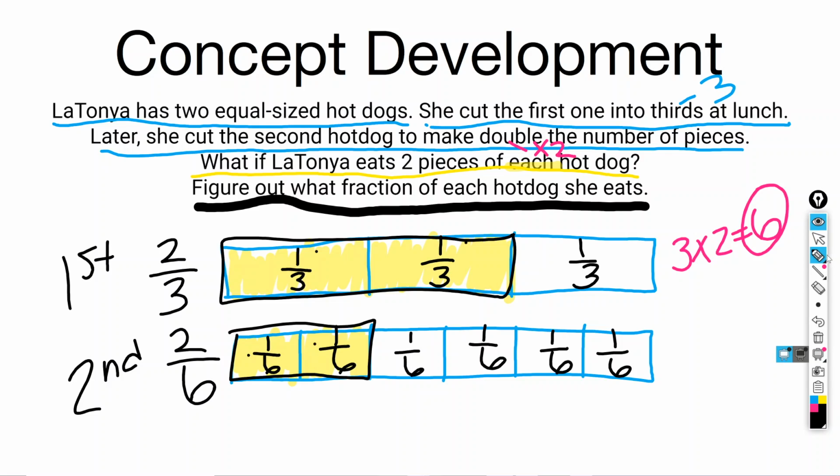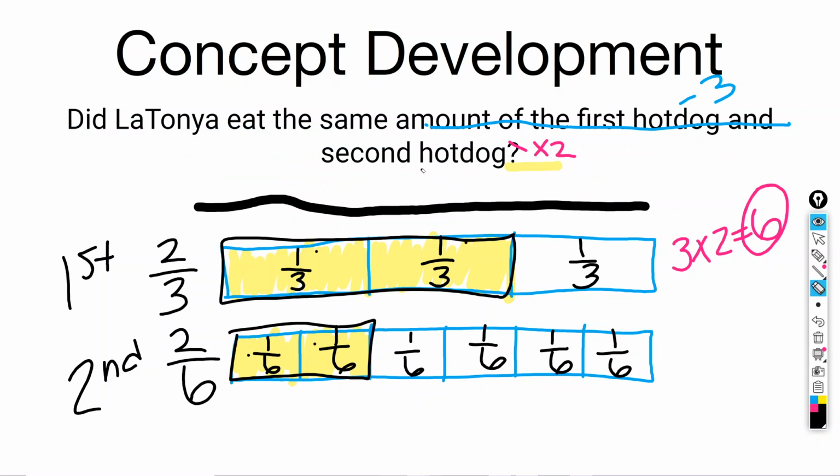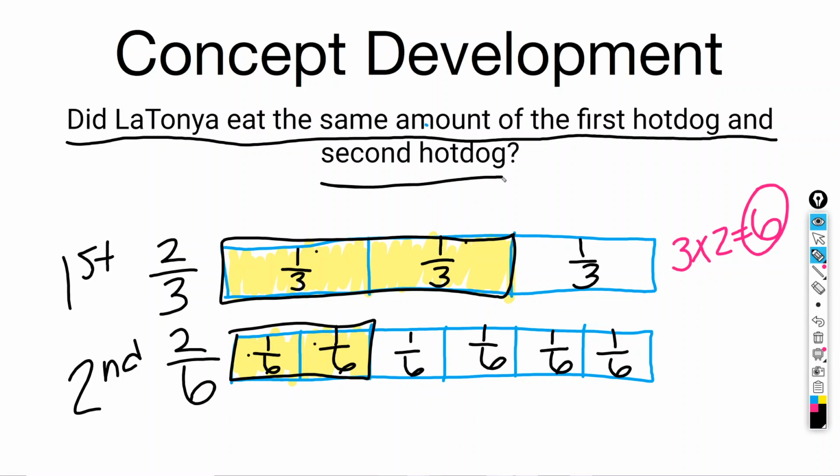And that's going to take us to our next slide. I'm not going to erase our picture, but I am going to just erase some of this. Okay. So our question now is, did Latanya eat the same amount of the first hot dog and the second hot dog?